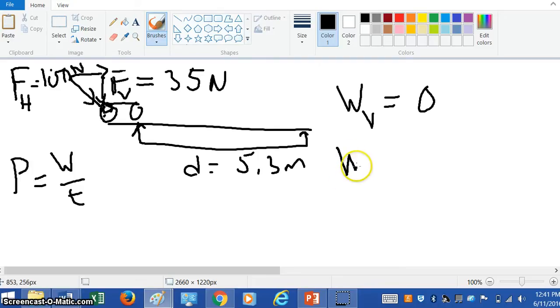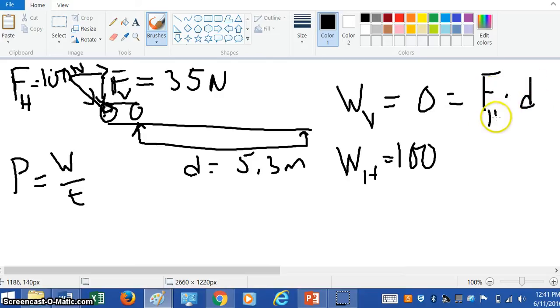And then the work done by the horizontal force is going to equal 100 newtons. Remember, work is force times distance, but they have to be parallel to each other for any work to take place. So it's 100 newtons times, in our case, 5.3 meters.